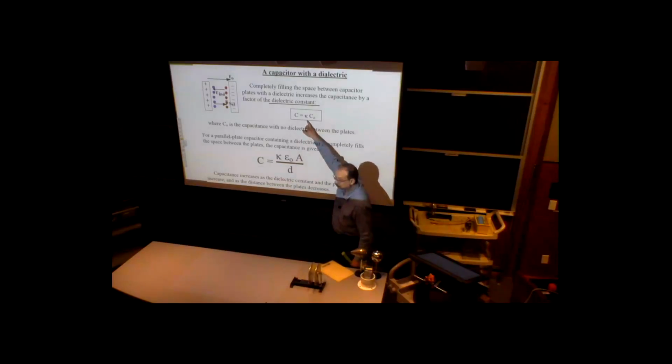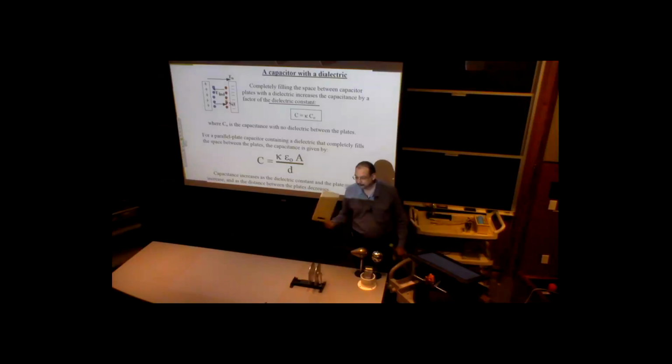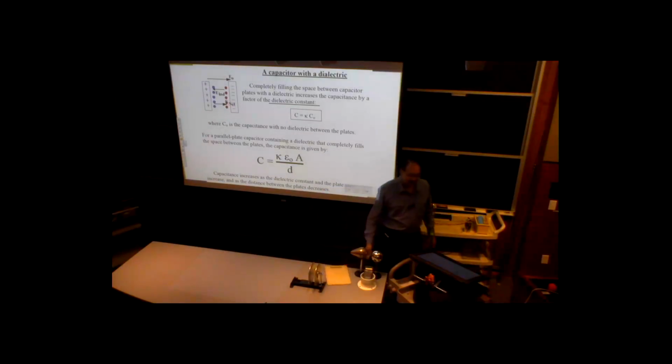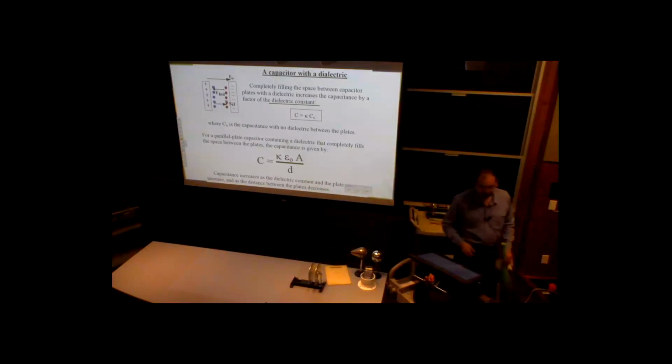We need to add one number. This is the Greek letter kappa. Its name is the dielectric constant of the material. And it depends on the material. The dielectric constant of a material might be 1.5, 3, 5. Wax has 3. So this completes the theory.